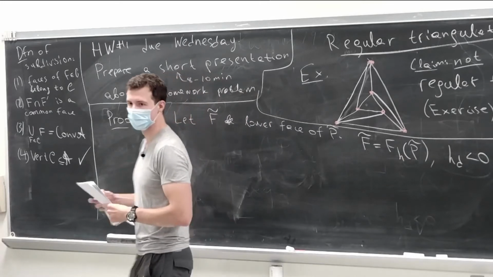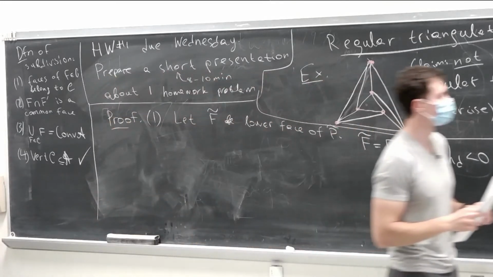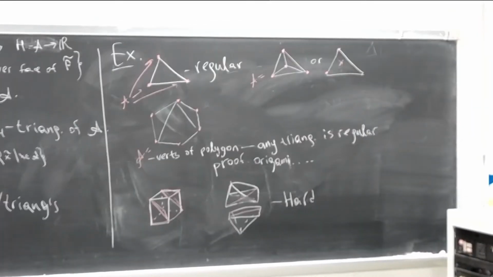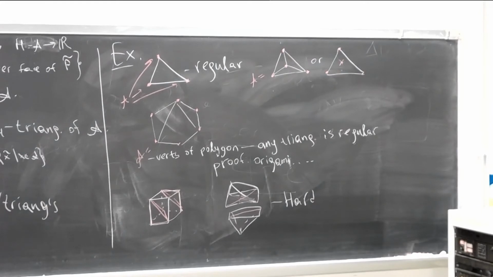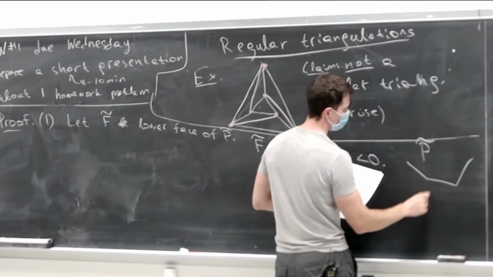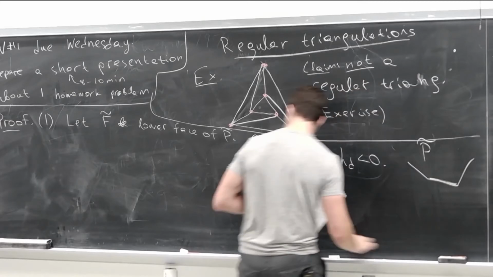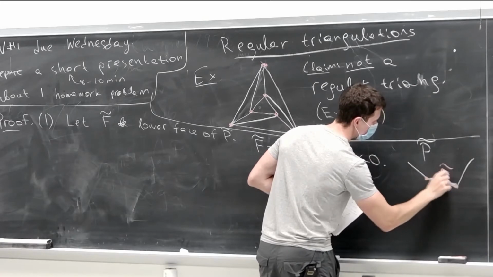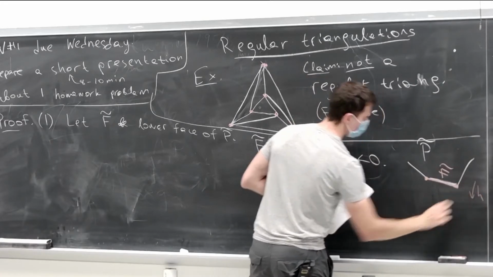Oh, wait, why is it? Which one on the right? Okay, so here, did I write subset? Vertices of C subset. Yeah, okay. Yeah, thanks. All right, so I have my polytope P tilde. And then maybe this thing here is my face F tilde. And then maybe my H looks like this.